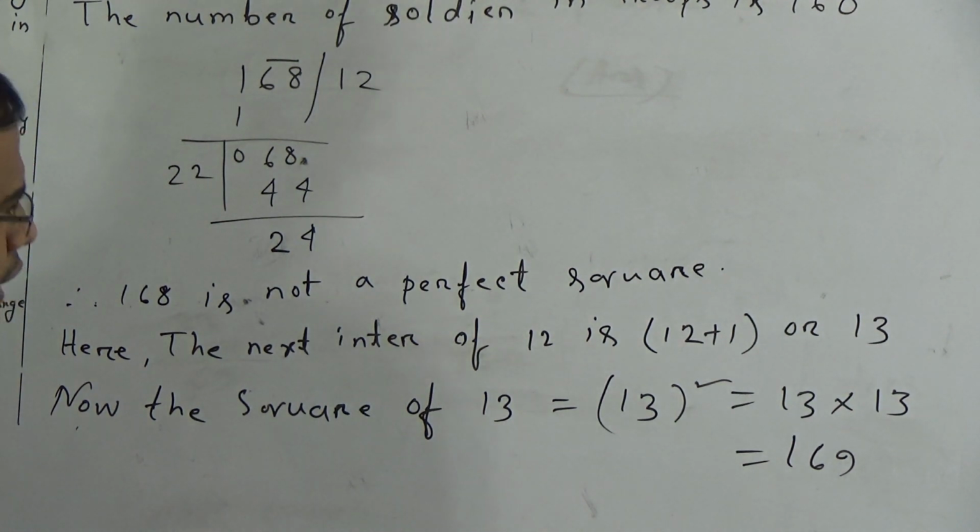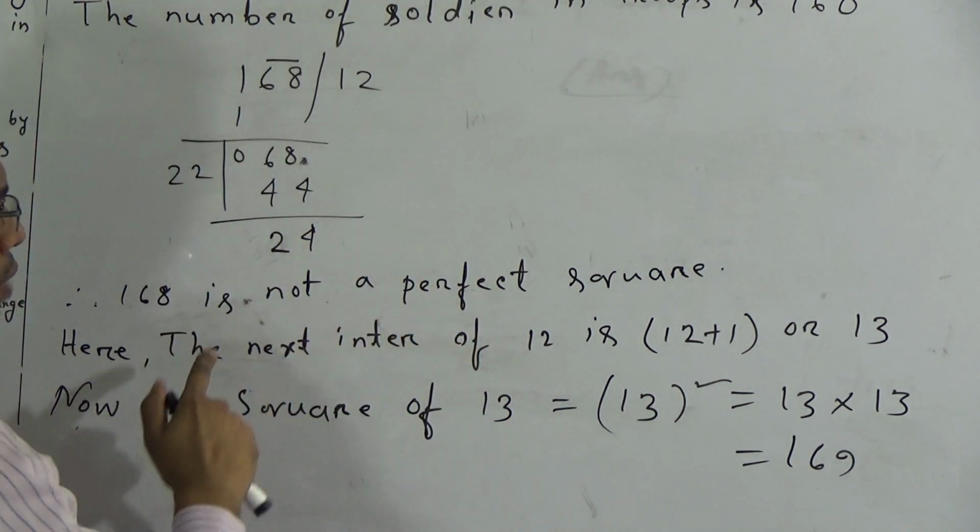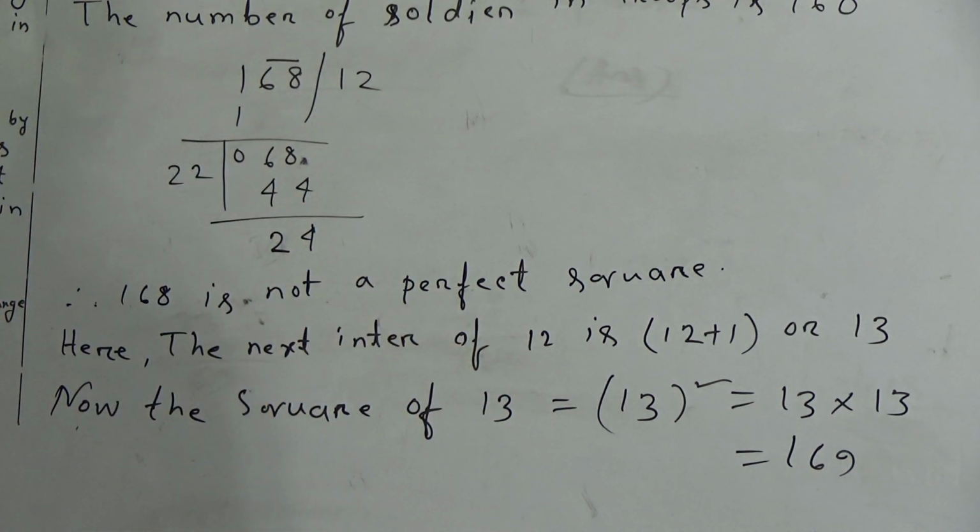Now for making 169 we have to add 1. That means the number of soldiers that should have to join will be 169 minus 168.